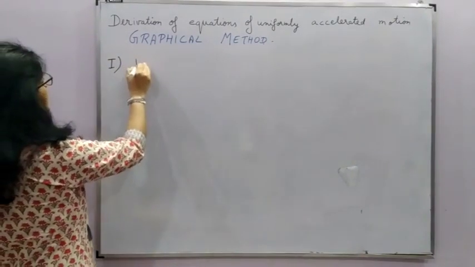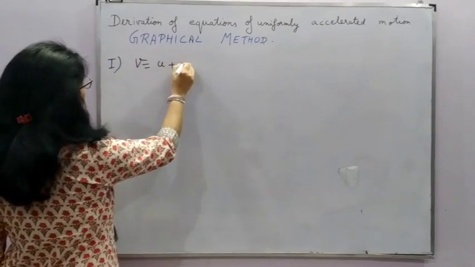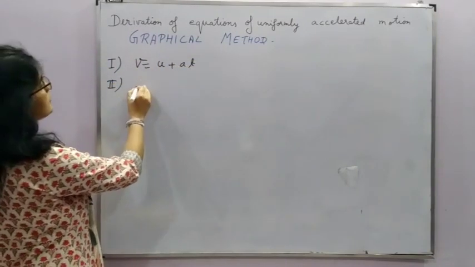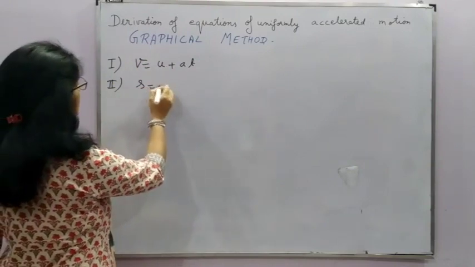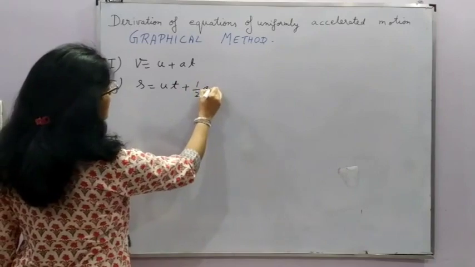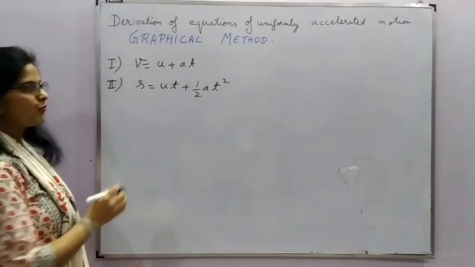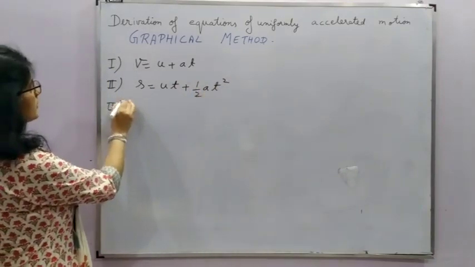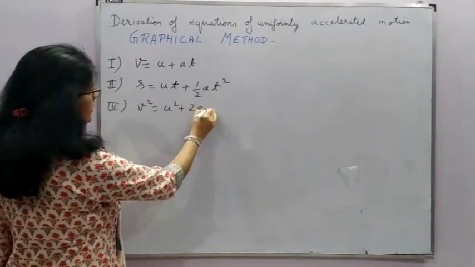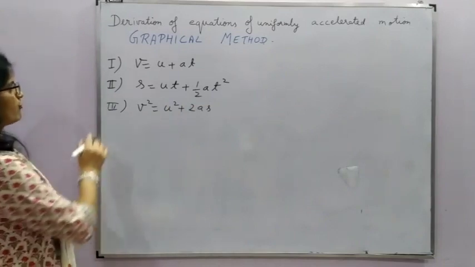First equation is v is equal to u plus at. Second is distance travelled in time t, so s is equal to ut plus half at square. What is the third equation of motion? Third is v square is equal to u square plus 2as. And we have another equation of motion.